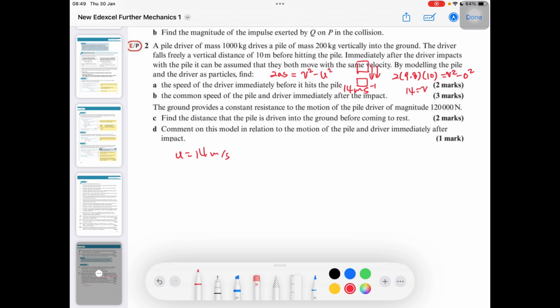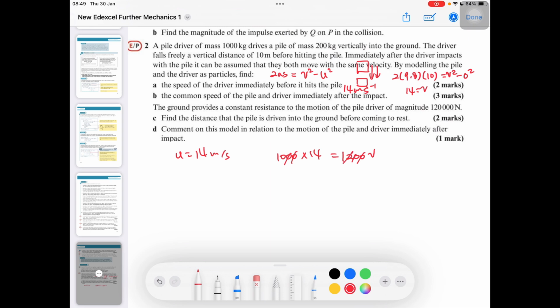So velocity times the kilograms. First, right before it hits, 1000 times 14. And as soon as they meet together, 1200 and the new velocity.